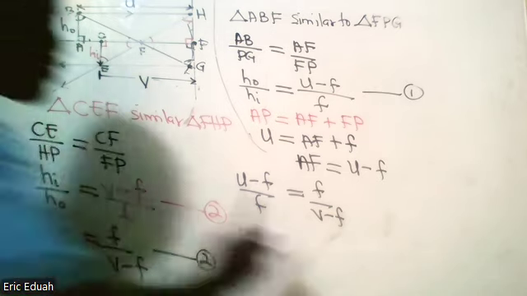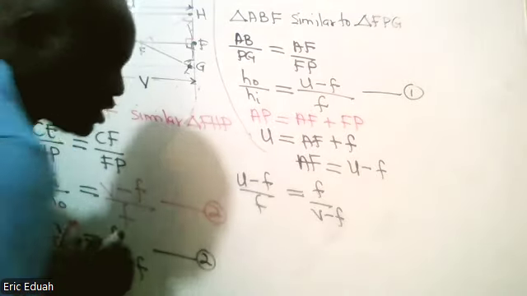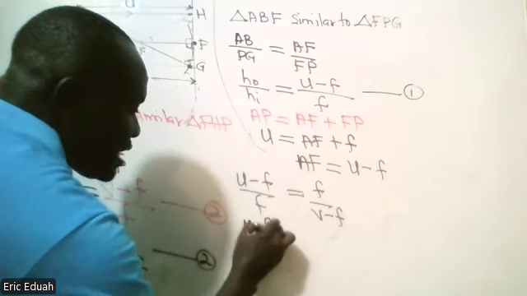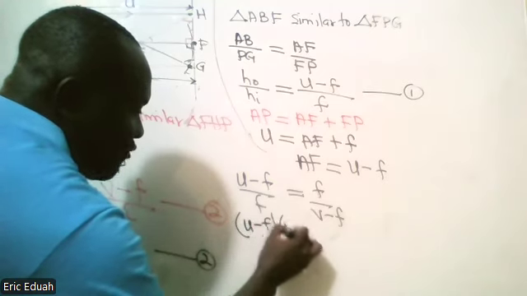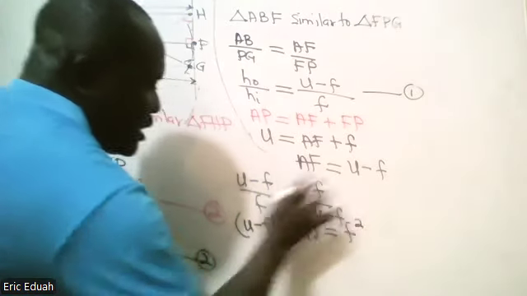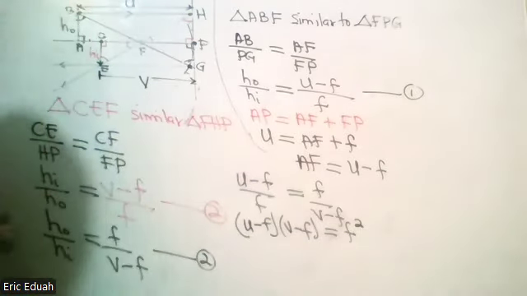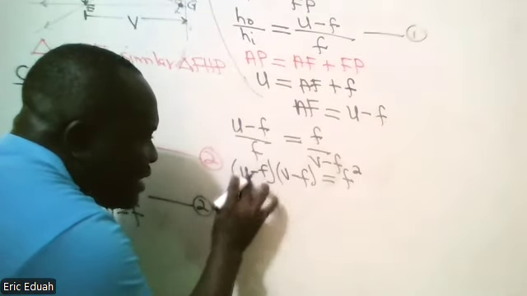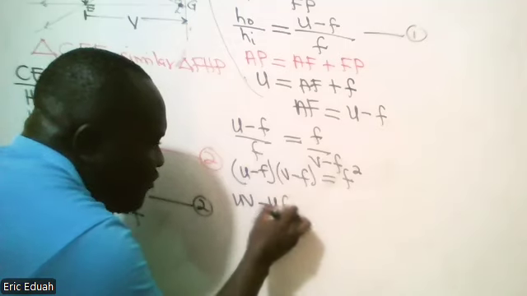Now let's cross multiply. When we multiply this by this, we have (U minus F) times (V minus F), which is equal to F squared. Let's expand the left-hand side. We have U times V, UV. This times minus F is minus UF.